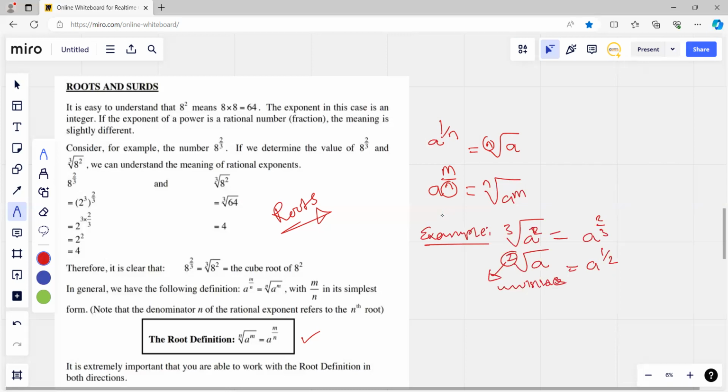Then again, we can have a problem like a to the 2 over 3, which is equivalent to, remember this one goes to this part of the root, the cube root of a squared.